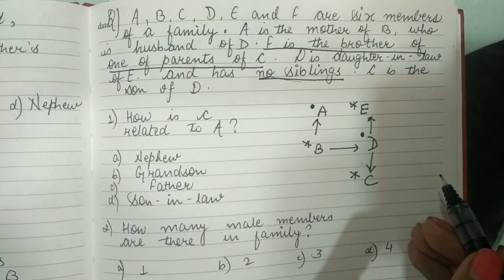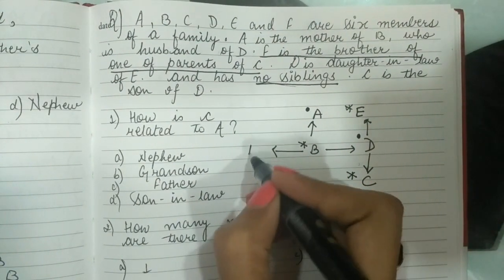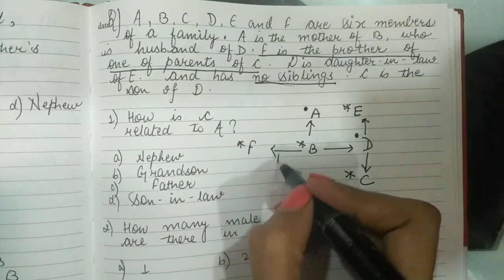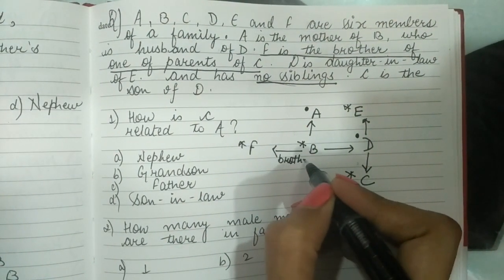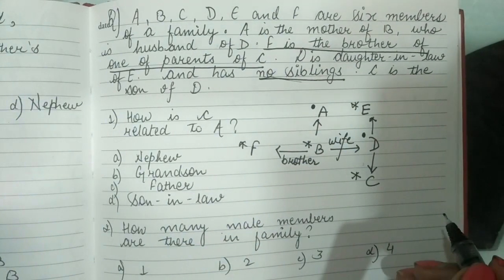Means F is brother of B. Same generation again. Here F denotes brother of B and D denotes wife of B.